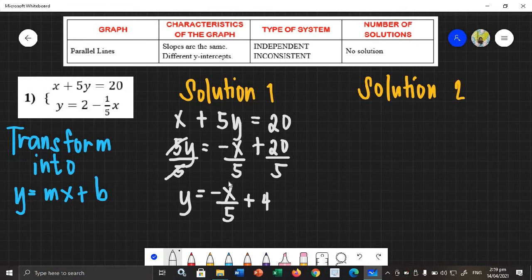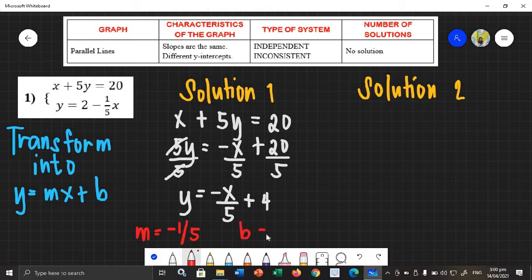Now, observing this, na-transform na natin siya into slope intercept form, di ba? Pwede na natin i-identify yung slope and y-intercept niya, given that m is the slope and b is the y-intercept. In this case, yung slope natin is negative 1 over 5, di ba? So, ito yon.